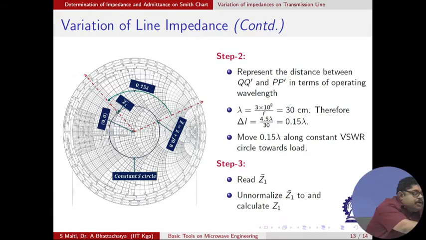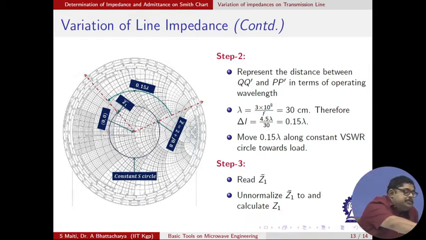So you move from this point on the constant VSWR circle anti-clockwise by a distance of 0.15, reading from the outer boundary, and that will take you to this new point. Actually I am moving on the constant VSWR circle.